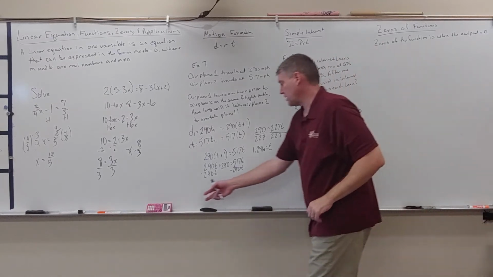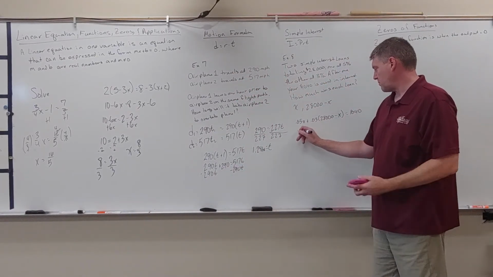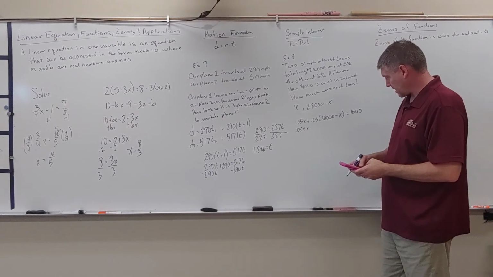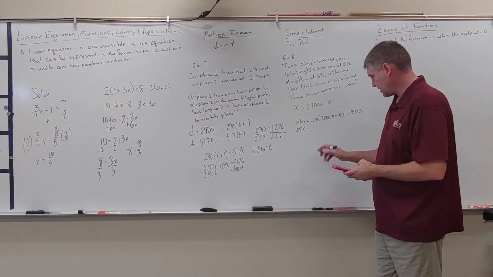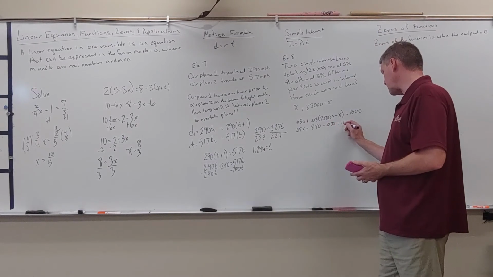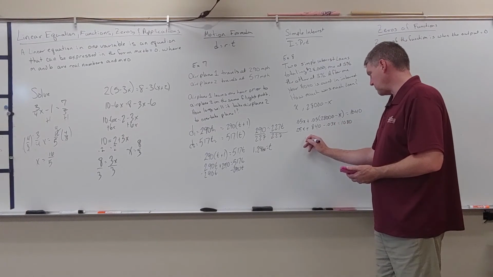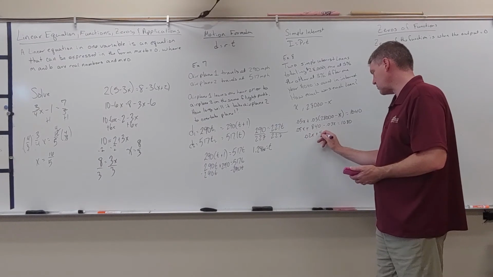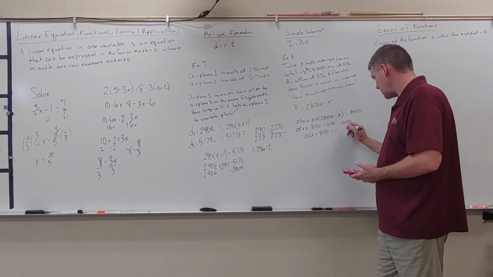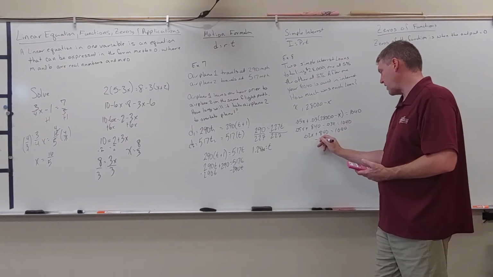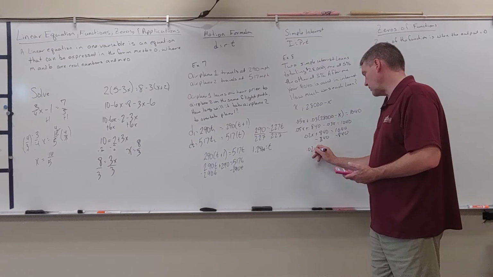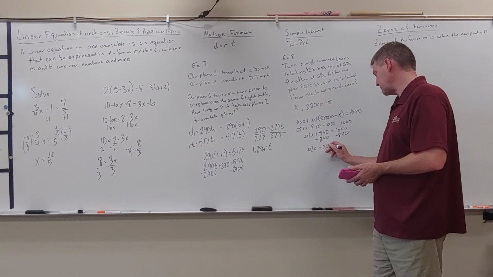So now I can go ahead and distribute my 0.03, so 0.05x plus 0.03 times 28,000, this is 840 minus 0.03x equals 1,040. So now I'm going to simplify: 0.02x plus 840 equals 1,040. I'm going to subtract off my 840. 0.02x equals 200.